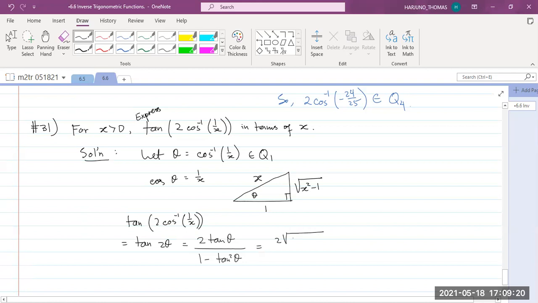That is 2 square root of x squared minus 1 over 1 minus (x squared minus 1), which is 2 square root of x squared minus 1 over 2 minus x squared.